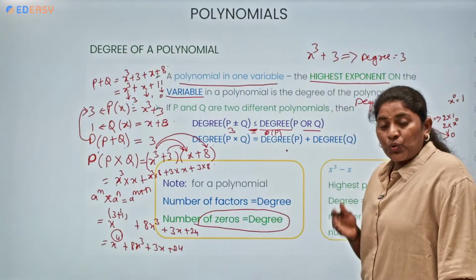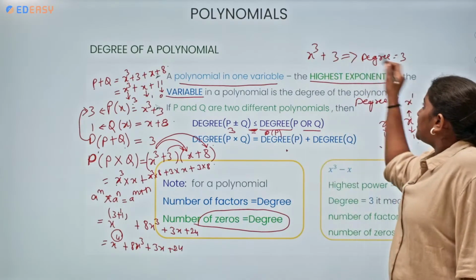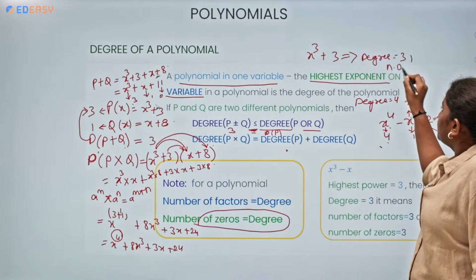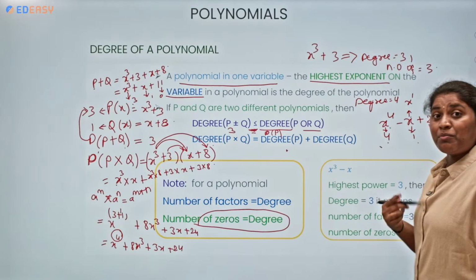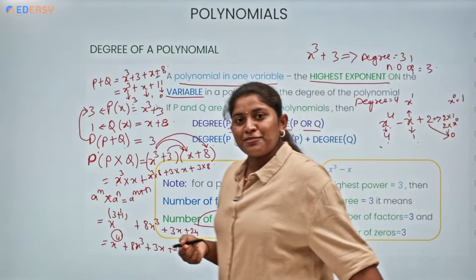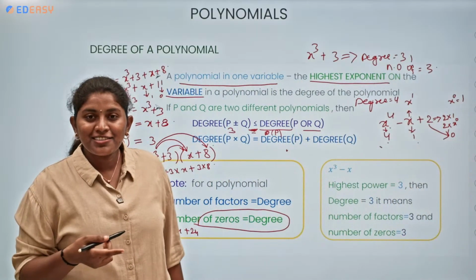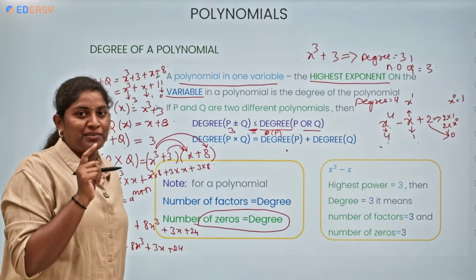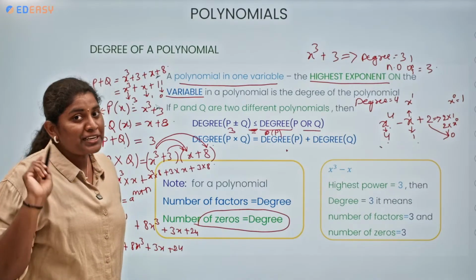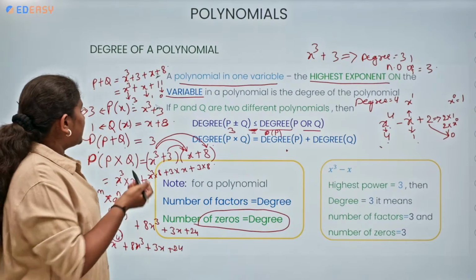Okay, so if I am having degree 3, then number of zeros is also 3. Okay, and what about the factors? Factors means, can we factorize the polynomial? Yes, we can factorize the polynomials, like how we do for the numbers.